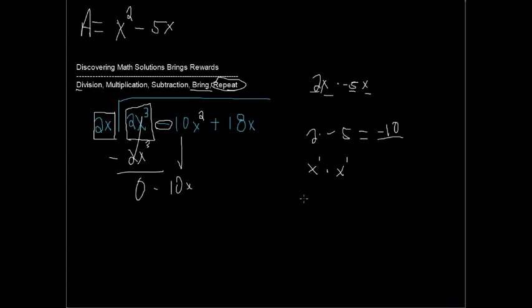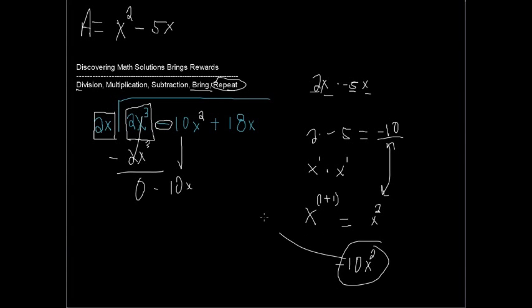In this case, we add the exponents: x to the first plus the first power gives us x to the second. And with these answers combined, we get minus 10x squared, exactly what we have over there. So we know that minus 5x is correct.